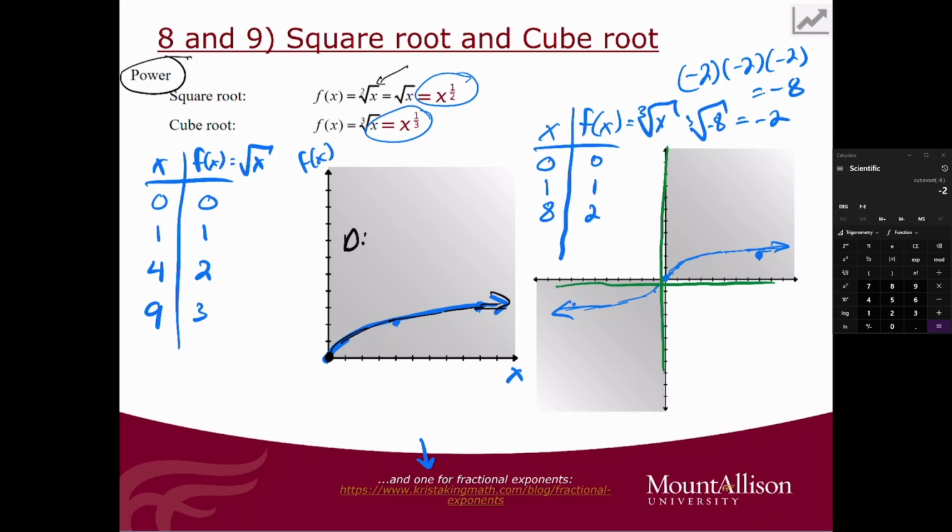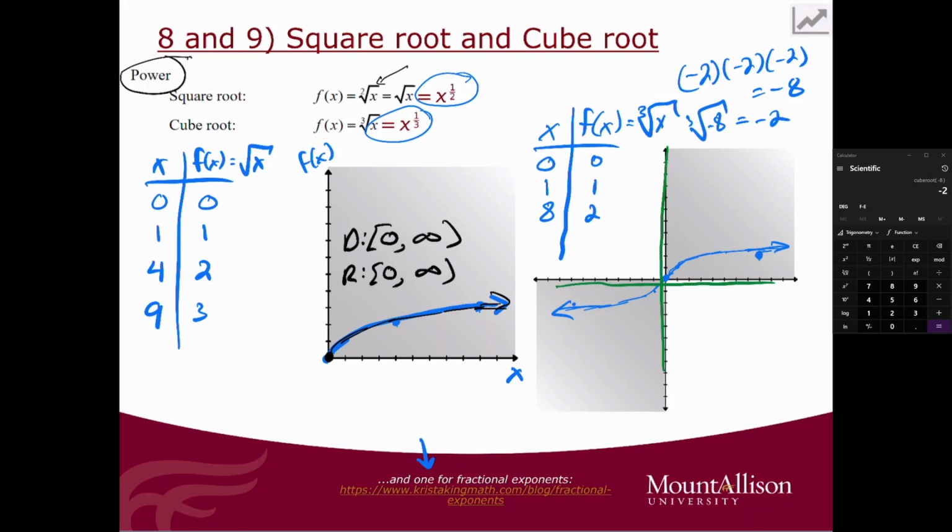It's not a bad idea to just guess and check. So my domain includes 0, and it can go as big as it wants. My range also includes 0, and I can get as big as I want. There's no limit to how large I have to get. I just have to choose a very, very large x value.